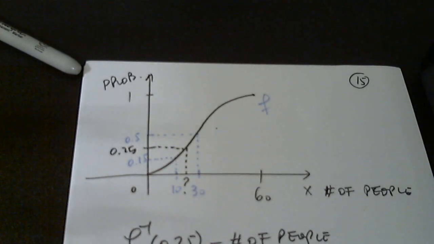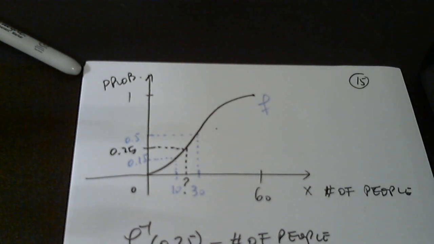And then the same question for 0.5 and the same question for 0.7. Can anyone tell us what f inverse of 0.25 represents? In other words, how many people should be in the room for the probability that 2 of them share the same birthday to be 0.25?